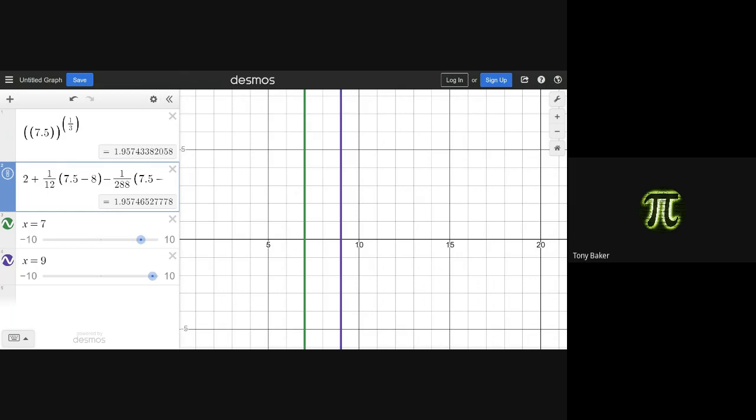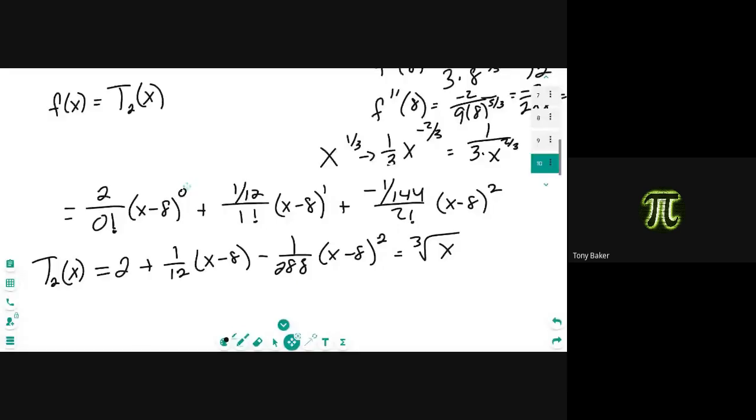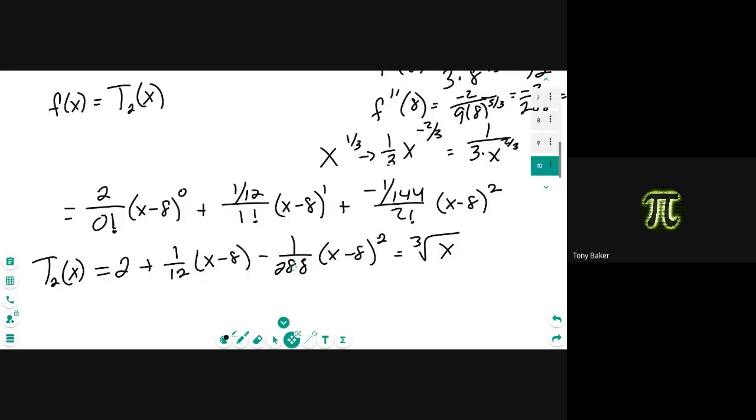And while I don't think anybody in here can give me the cube root of 7.5 off the top of your head, you wouldn't have been able to come up with that prior to this. I'm willing to bet if I told you to plug 7.5 into this equation right here, you'd all get me an answer, because that's just basic arithmetic. So this is where these types of problems come into play.